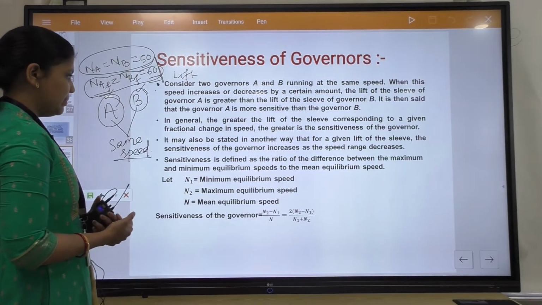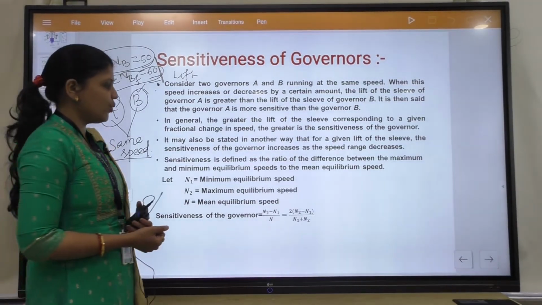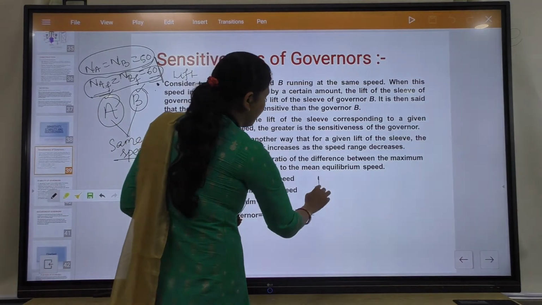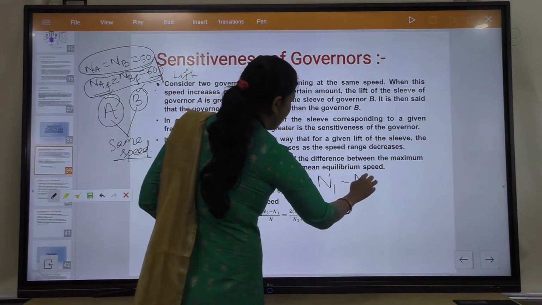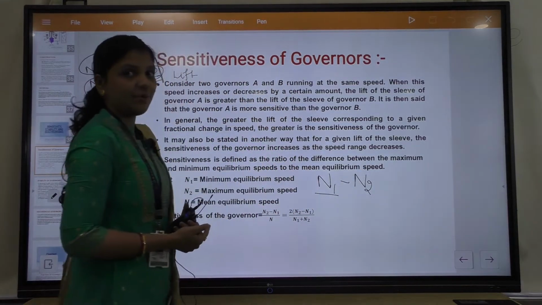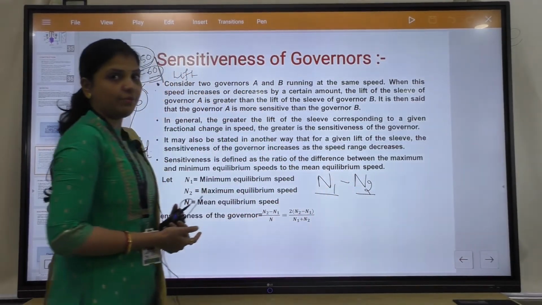So, mathematically sensitiveness can be defined as the ratio of fluctuation of speed to the mean speed. So, what is fluctuation of speed? That is the difference between the maximum equilibrium speed and minimum equilibrium speed. Suppose this N1 is your maximum equilibrium speed and this N2 is your minimum equilibrium speed.